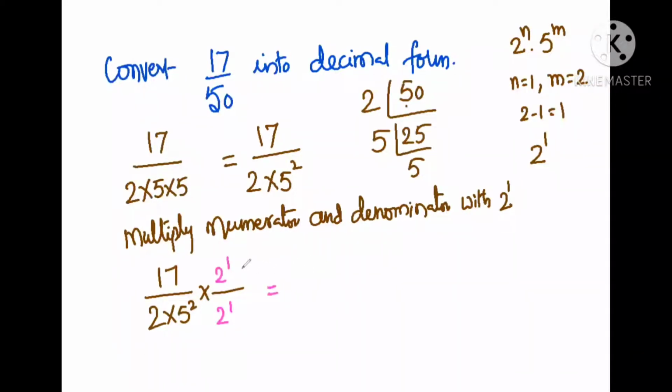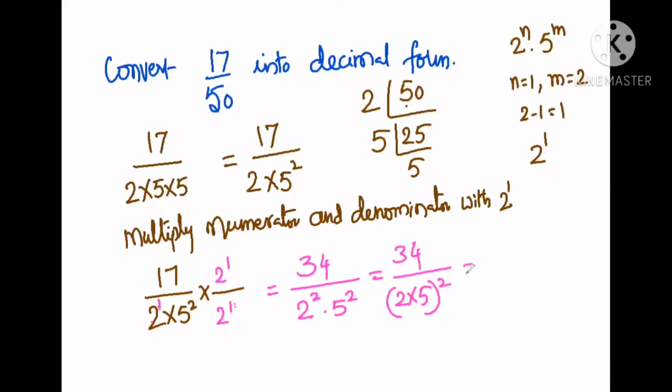Now 17 times 2 is 34. In the denominator, 2 power 1 into 2 power 1, according to a to the power of m into a to the power of n is a to the power of m plus n, so 1 plus 1, 2 to the power of 2, then 5 square. Here 34 by 2 into 5 whole square, because a to the power of m into b to the power of m is equal to a into b whole to the power of m. Now it is equal to 34 by 10 square.